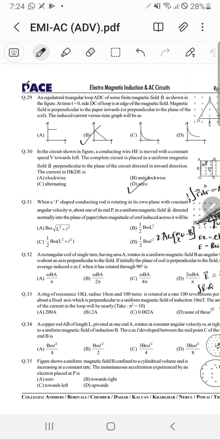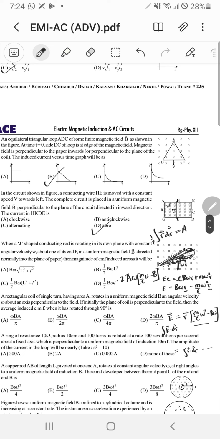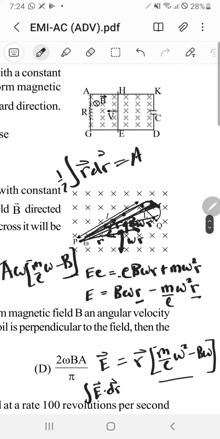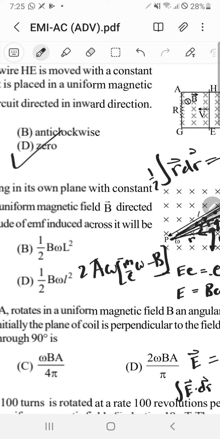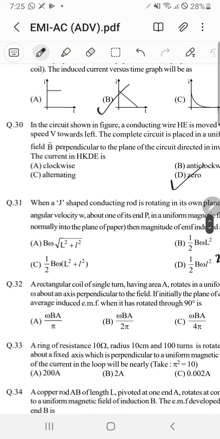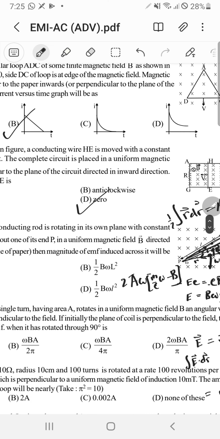Wow. Magnitude of induced EMF, something's not right, isn't that right? Oh wait, but is it going clockwise or anti-clockwise?